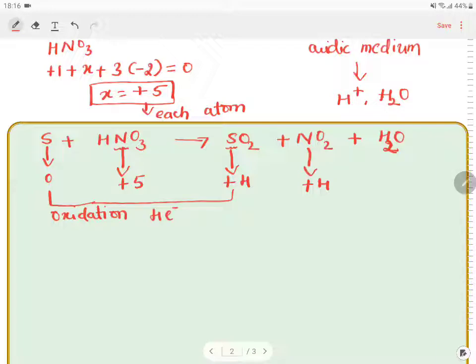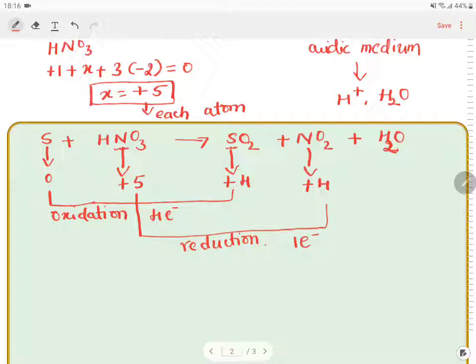Similarly, if I consider HNO3, HNO3 was in +5 oxidation state. Now it is getting converted into +4. +5 to +4 is decrease in oxidation number. Decrease in oxidation number, we call it as reduction. From +5 to +4, only 1 electron change.